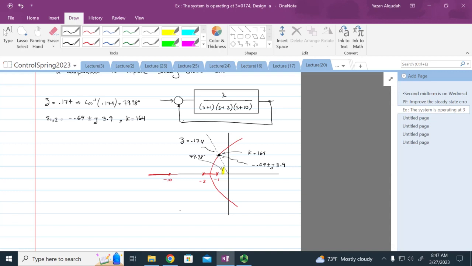Okay. So now if we design a compensator, we can calculate the steady state error.